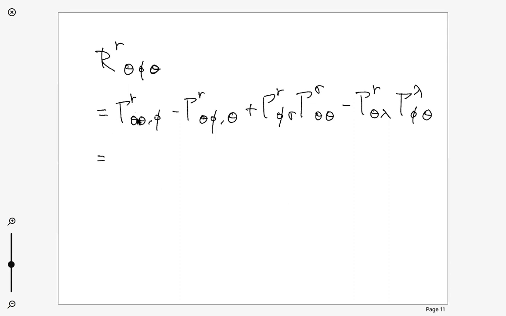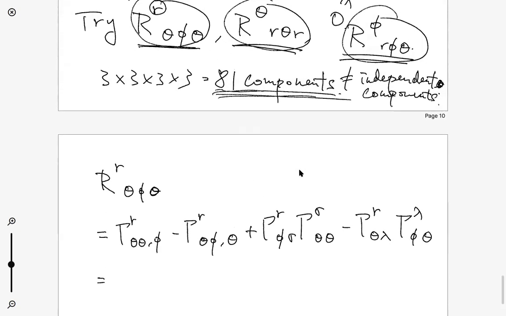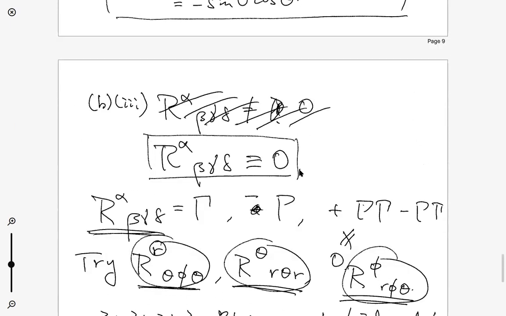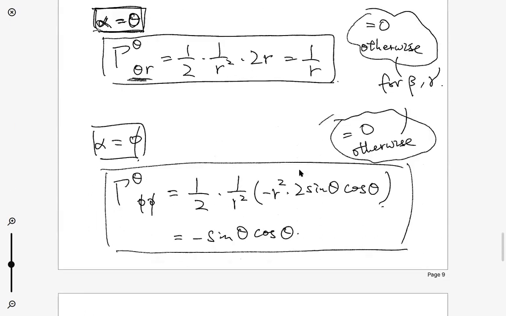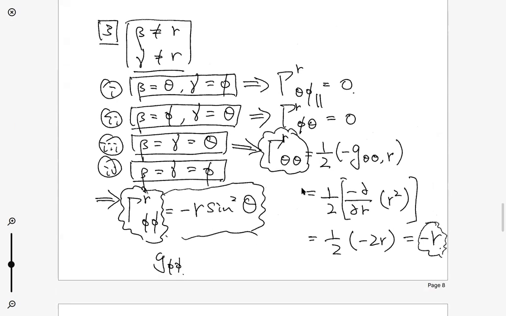Now, let's look at this explicitly. What is the R theta theta component of the Christoffel symbol? Okay, if we recall the result that we have got before, it should be minus R here, right?